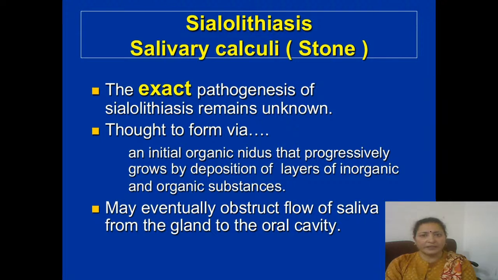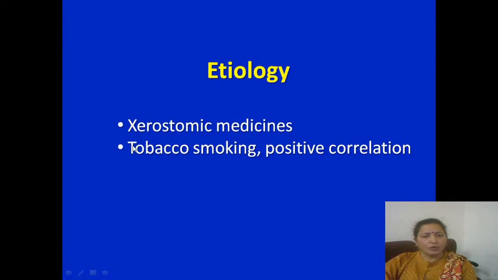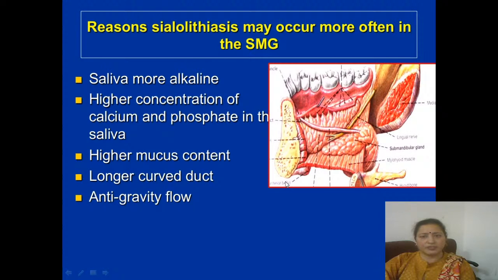So there is a nidus that triggers it off and gets wrapped with other products. So the chemical make of the stone will tell you about the cause. Eventually it blocks the duct, leading to the condition. There are certain medicines that can lead to this problem. Tobacco smokers have been found to have a positive correlation with formation of more stones.